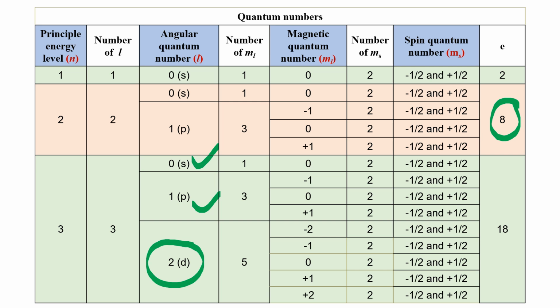Those 5 are minus 2 to plus 2. Each magnetic quantum number contains 2 spin quantum numbers, plus half and minus half. Therefore, the total number of electrons that can exist in the third principal energy level is 18.